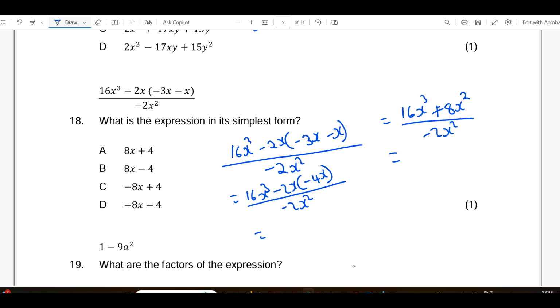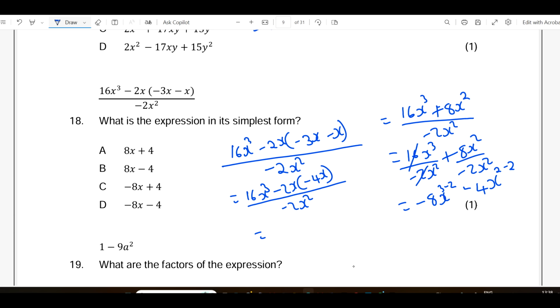So I will divide. It's going to be 16x^3 divided by negative 2x squared plus 8x squared divided by negative 2x squared. So the answer is going to be negative 8x^(3 minus 2) minus 4x^(2 minus 2).